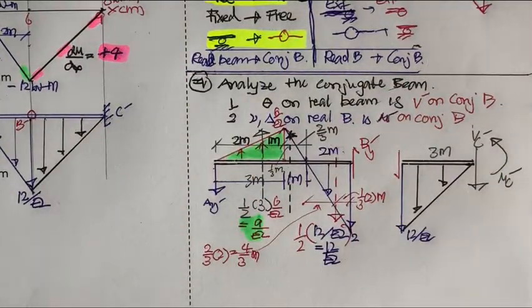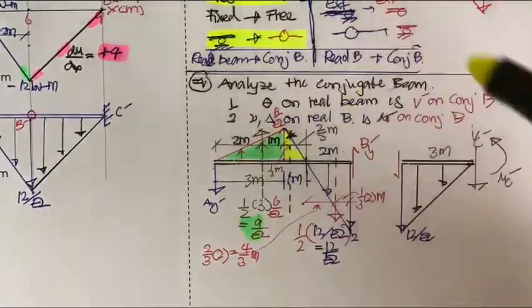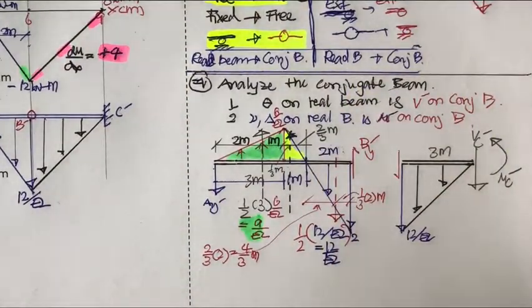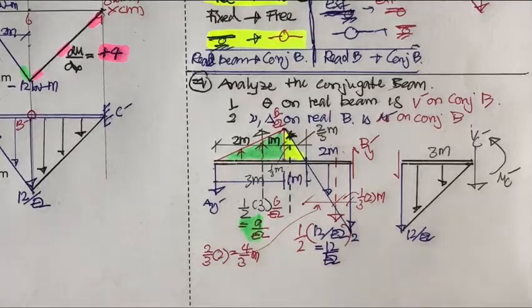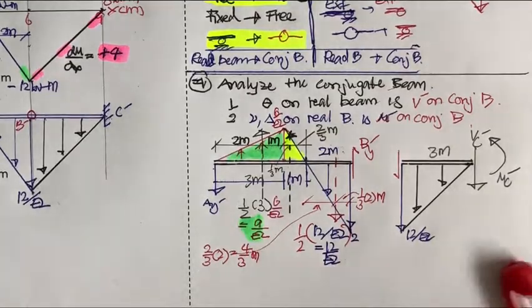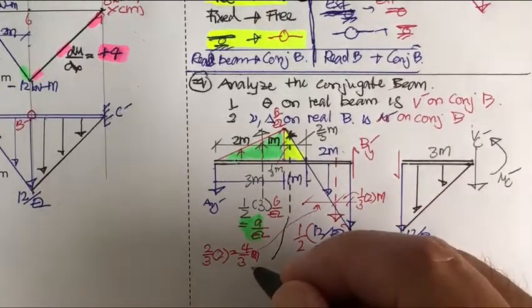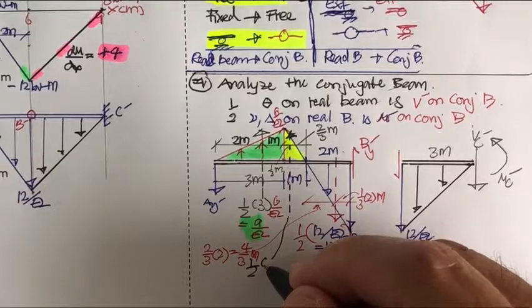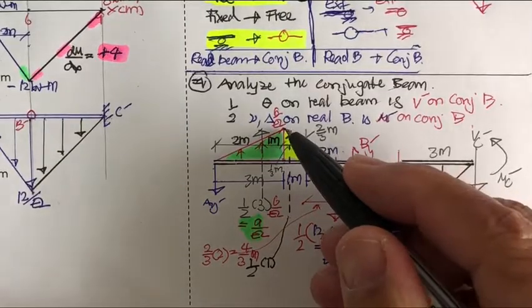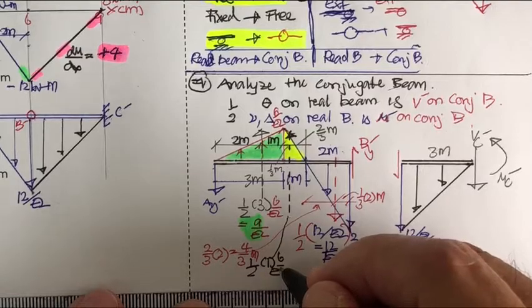Okay, you make something a little bit clearer. This is going to be what? Did we determine this one yet? No, we didn't determine this one yet. We just take this one off here. It's going to be 1/2 of 1 times 6 divided by EI.